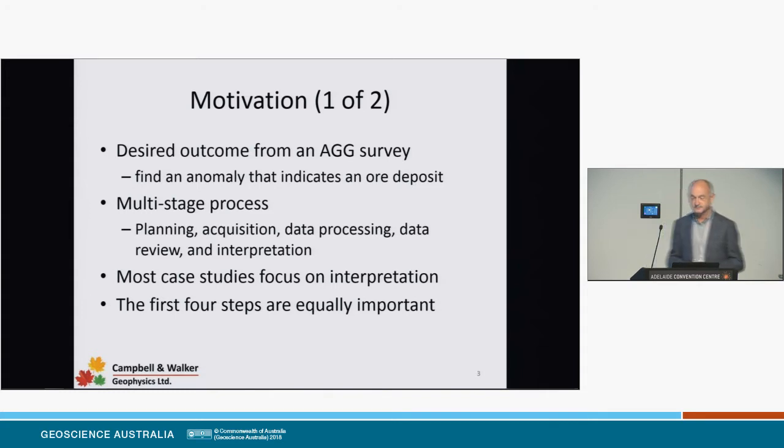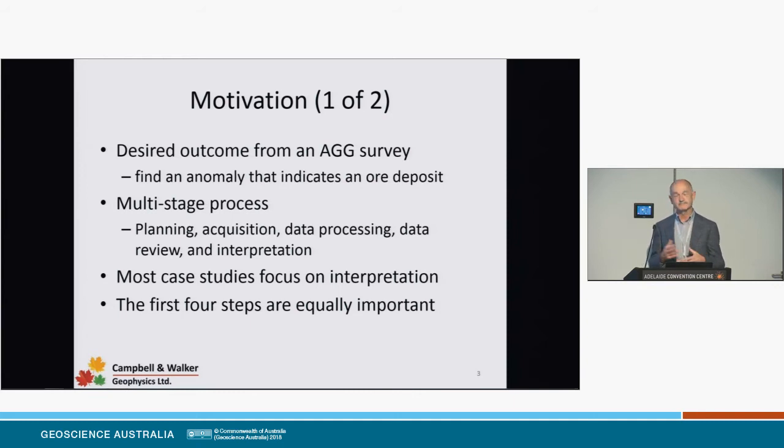A motivation. What do we want out of the survey? Well, clearly we want to find an anomaly that indicates what we expected to see of an ore deposit. That's going to always be a multi-stage process involving planning, acquisition, data processing, data review, interpretation. As a client rep, we can probably have some input into planning, which is always a balancing act between the technology and ultimately how much budget we're allowed to play with.